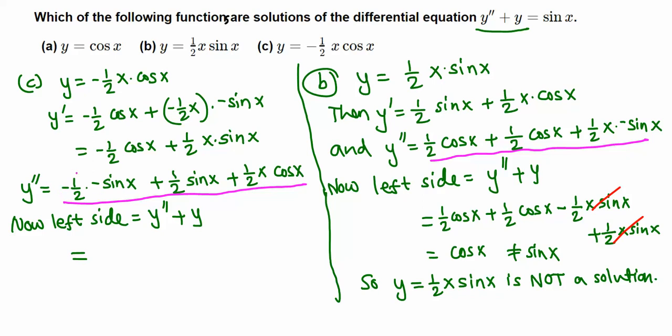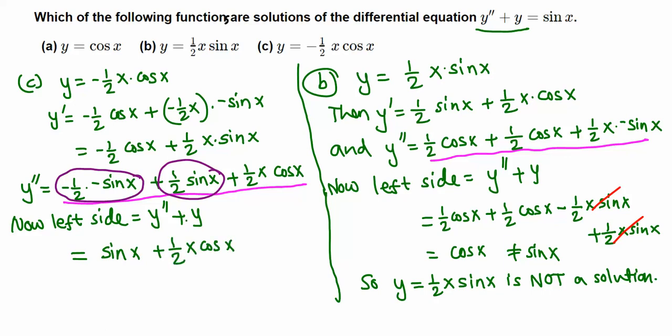This is positive 1/2 sine x plus 1/2 sine x. In fact, we can combine these two, so we get one copy of sine x. 1/2 plus 1/2 is 1, plus 1/2 x cosine x.